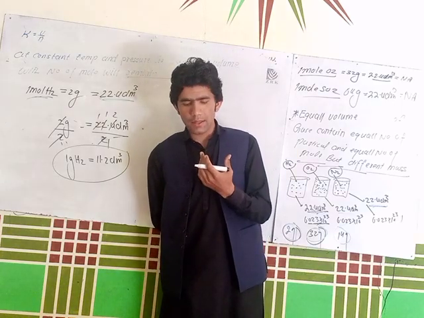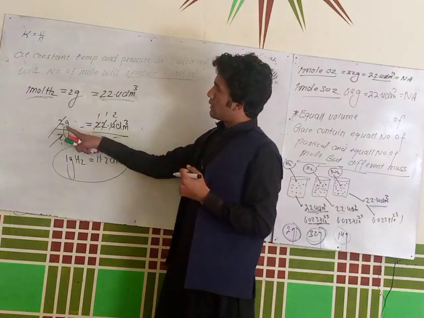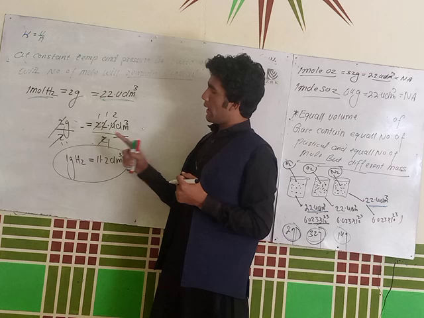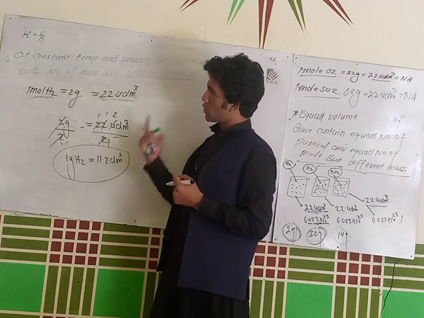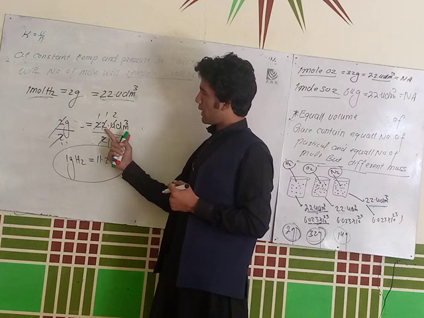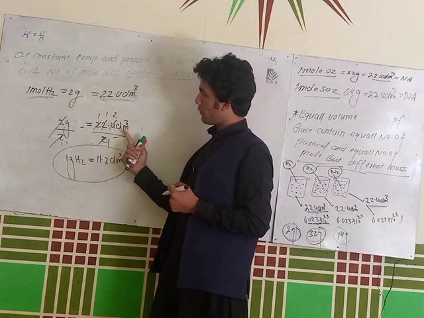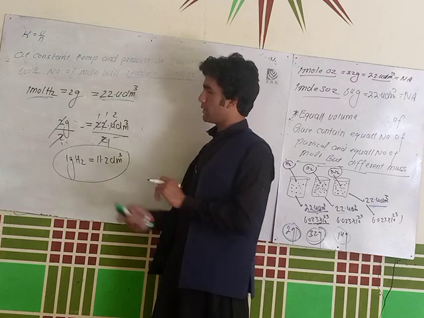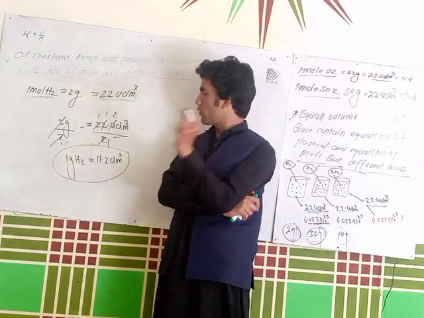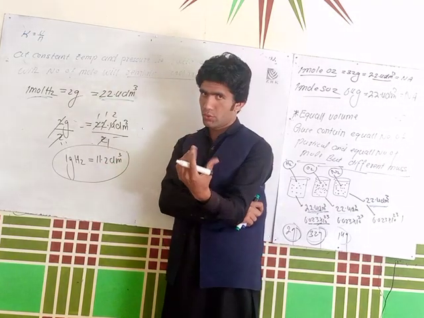Your answer will be as follows. 2 grams is equal to 22.4 decimeter cube. To calculate for 1 gram, we divide both sides by 2. So 1 gram equals 22.4 decimeter cube divided by 2, which gives 11.2 decimeter cube. It means if we take 1 gram of hydrogen gas in a cylinder, it will occupy 11.2 decimeter cube volume.